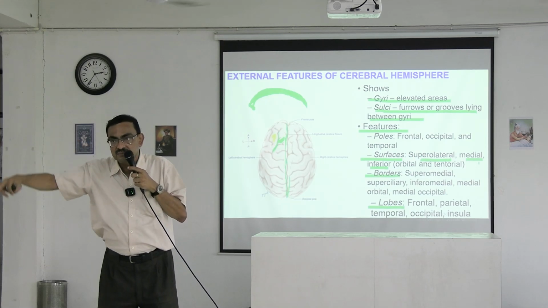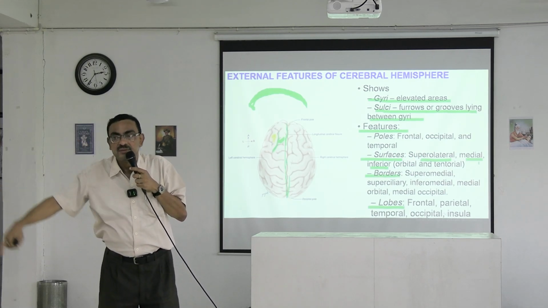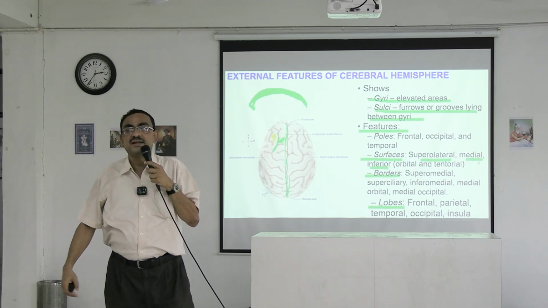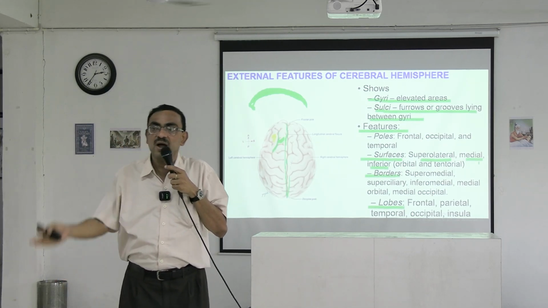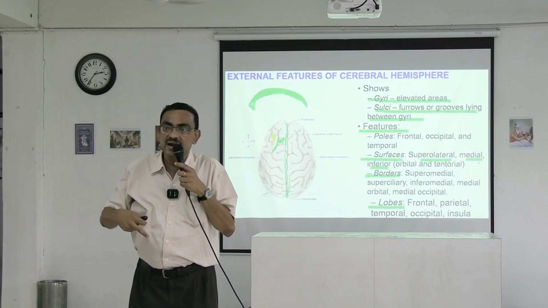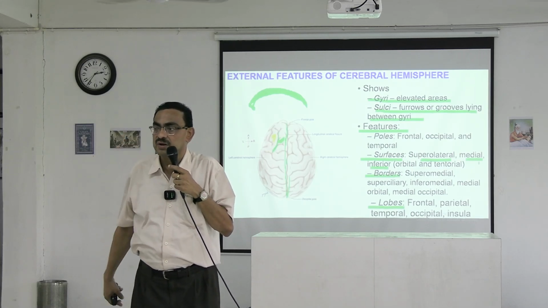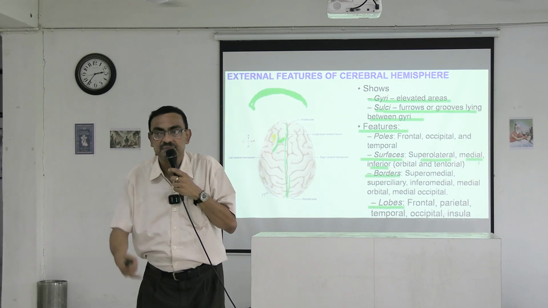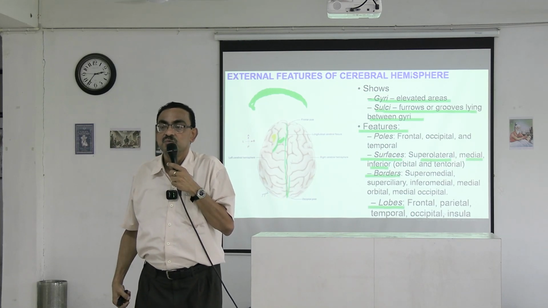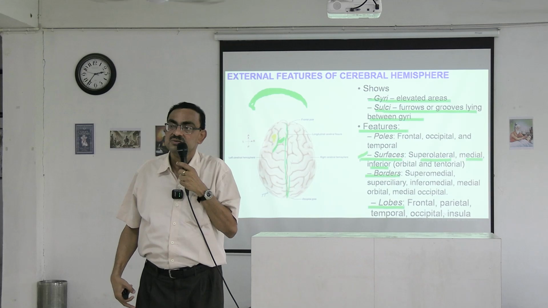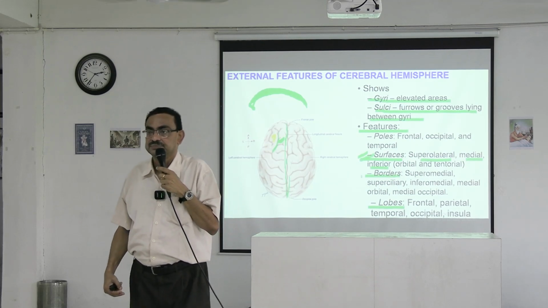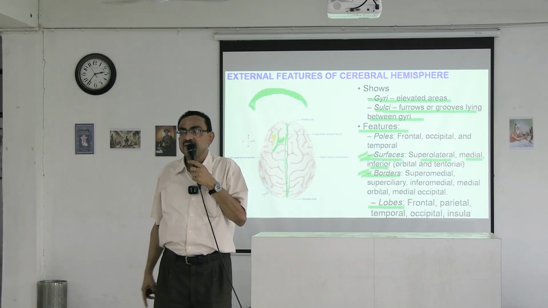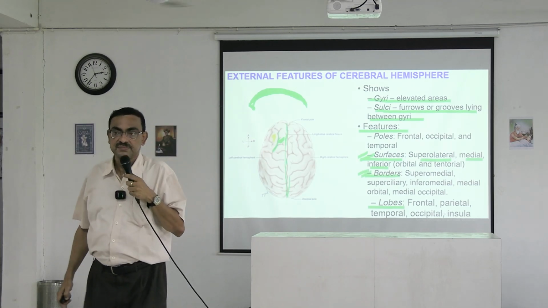One is forming the lower part, and it is called the inferolateral border, and one border is superiorly, which is the superomedial border, and another border is present in the base of the brain, medially, which is the inferomedial border.